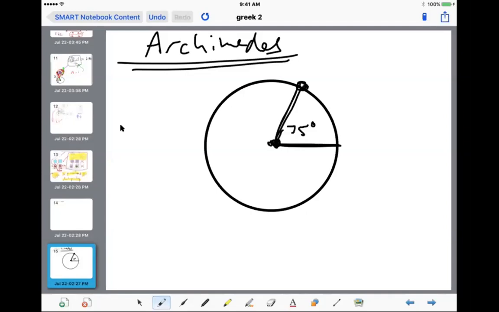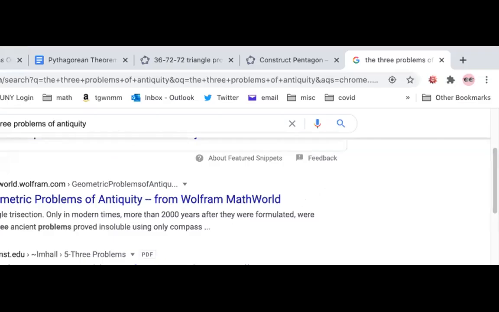Okay. So I'm back. So here's what Archimedes says. To trisect the 75-degree angle, this is the center of the circle, I extend the diameter to the left like that. And I am going to go over to the GeoGebra page.